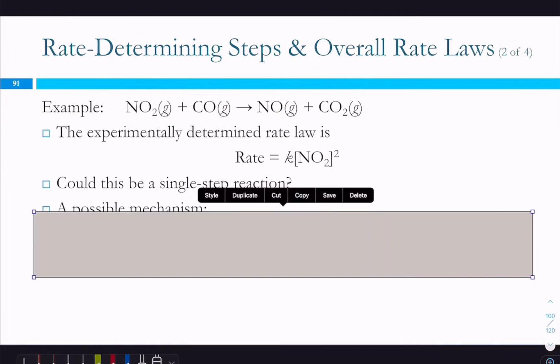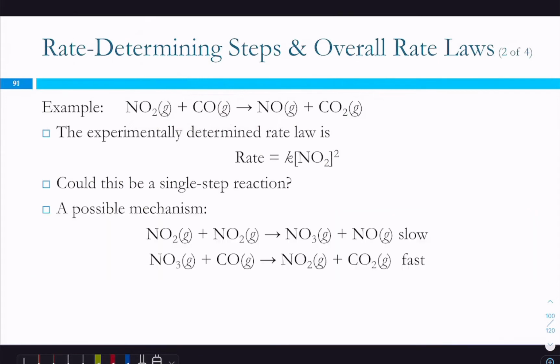So one possible mechanism would be this, and we'll go through more of these, of course. The first step is a slow step, and it's got to be bimolecular with respect to nitrogen dioxide.